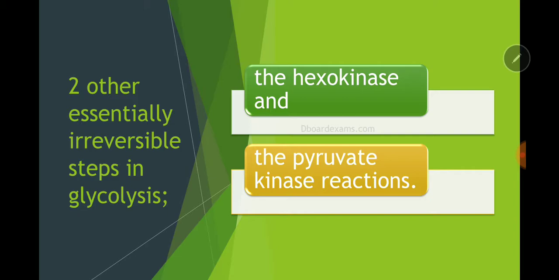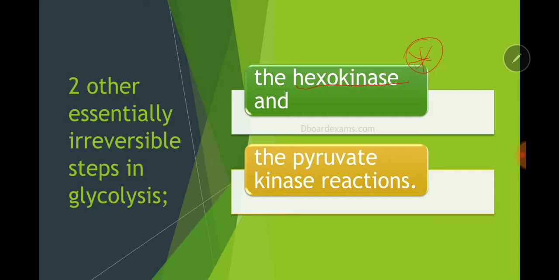Now, the other two irreversible steps in glycolysis, which are key regulatory points, are the reaction of hexokinase and the pyruvate kinase reaction. Remember, hexokinase adds a phosphate on glucose initially when it enters the cell, and this forms glucose 6 phosphate. Glucose 6 phosphate does not leave the cell.